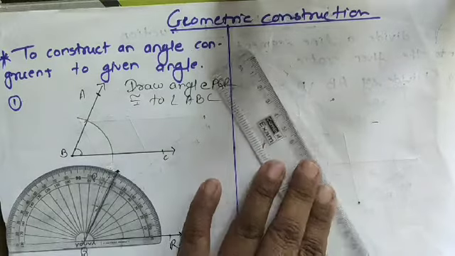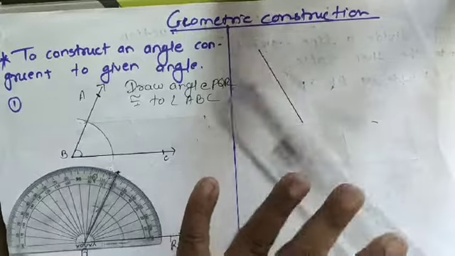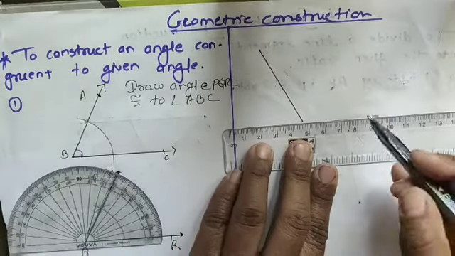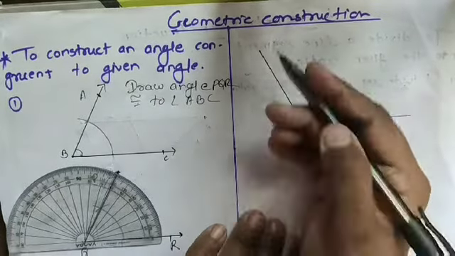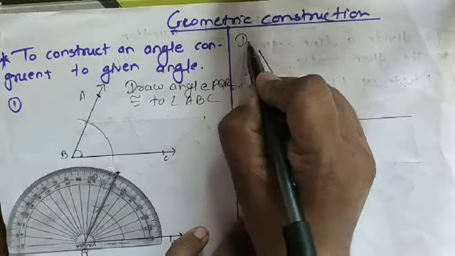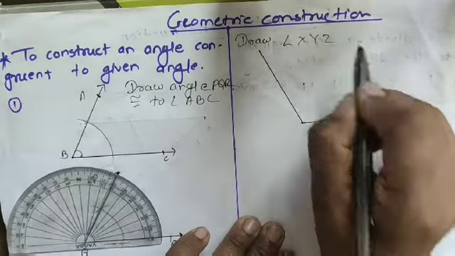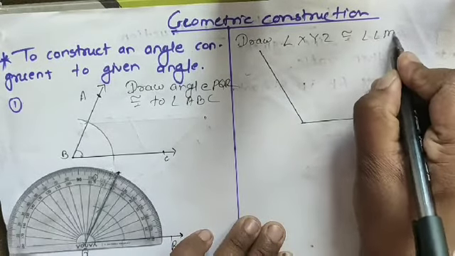For the obtuse angle also I will show you how to draw the congruent angle, not the angle bisector. For the obtuse angle, the same process we have to do. So this is my obtuse angle. Question I will write: draw angle XYZ congruent to angle LMN.